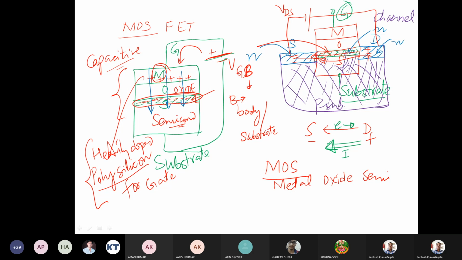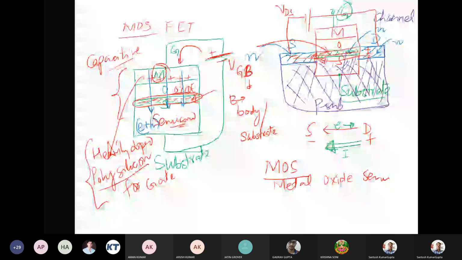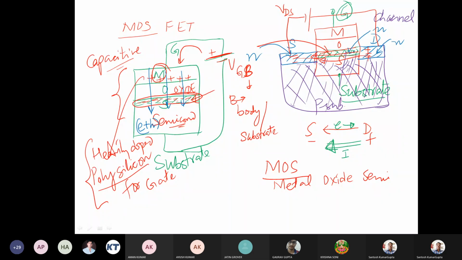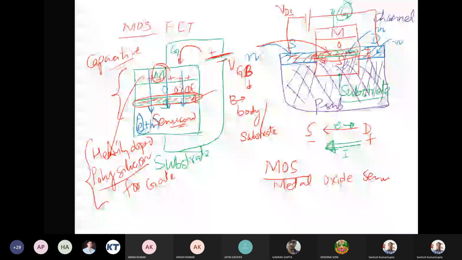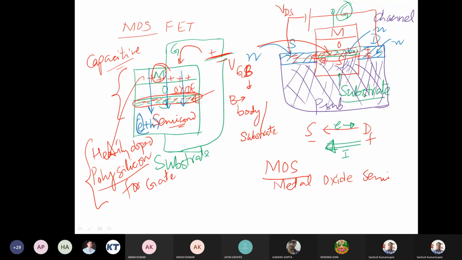In semiconductor physics we have understood that due to thermal agitation there is generation of electron-hole pairs. Because of this electric field, the electrons generated due to thermal agitation will start moving in the opposite direction to the electric field.